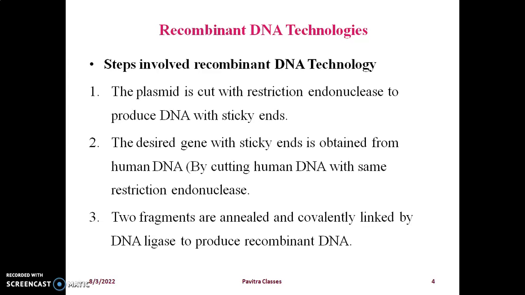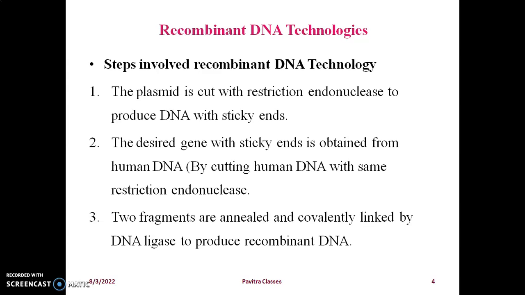The desired gene with sticky ends is obtained from human DNA by cutting the DNA with the same restriction endonuclease. So again, the gene of the other organism is also cut to give sticky ends. Then the two fragments are annealed and covalently linked with DNA ligase. Ligase is the enzyme used as a joiner.